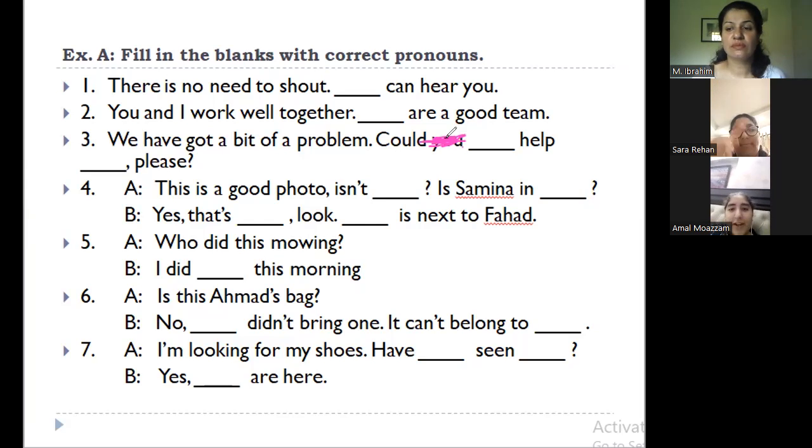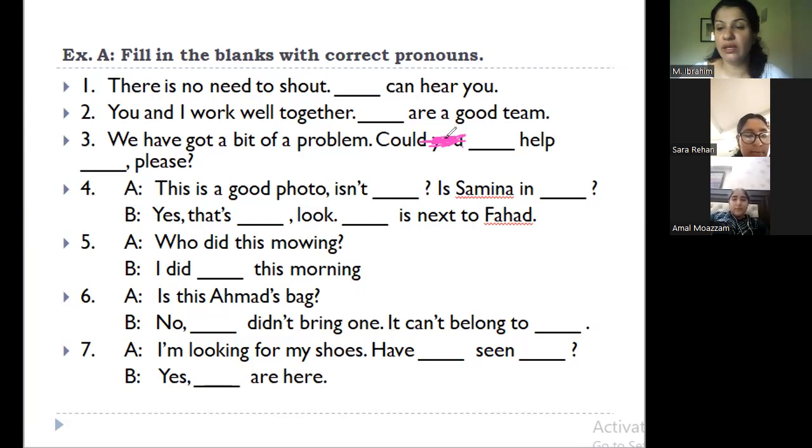We're talking about Samina, and it is the second person who's looking at the picture. What will the other person say? Sarah, would you like to answer? Yes, ma'am. Yes, that's her. Look, she is next to Fahad. Very good.